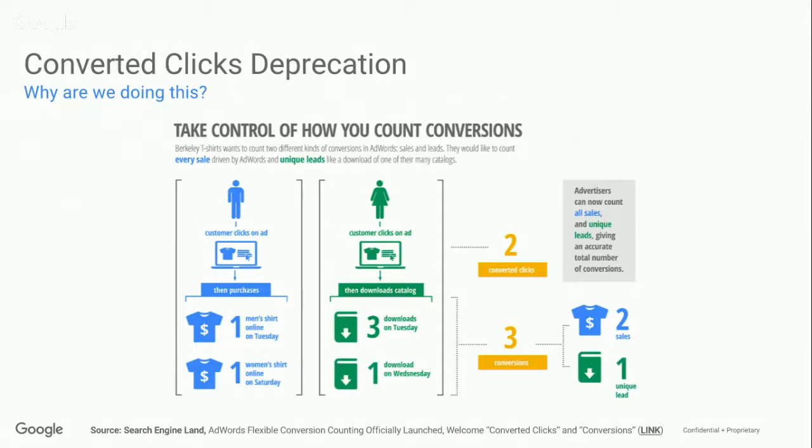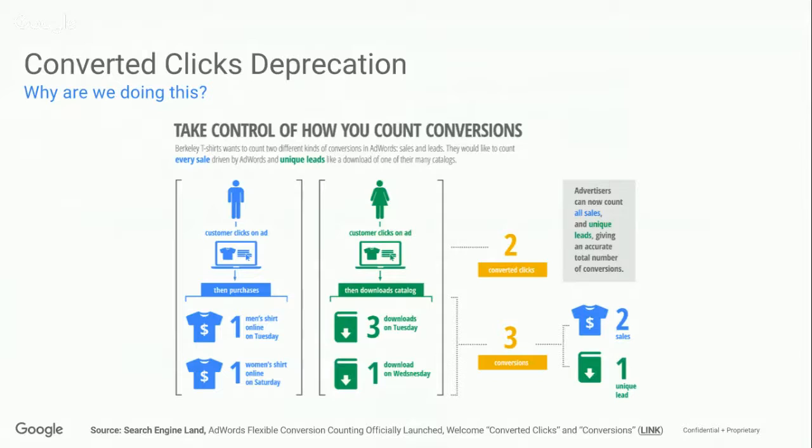So say we have this business Berkeley t-shirts, and they want to count two different kinds of conversions on AdWords. Their shirt sales and their unique leads. In how they count the conversions, they would like every single sale to be counted and only unique leads to be counted.